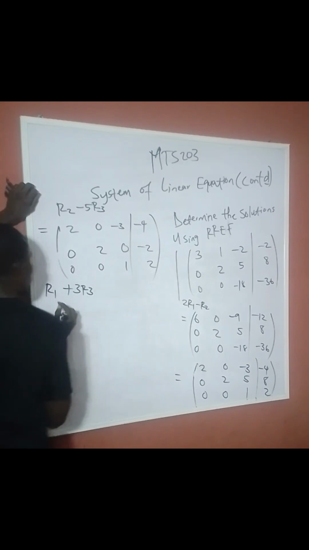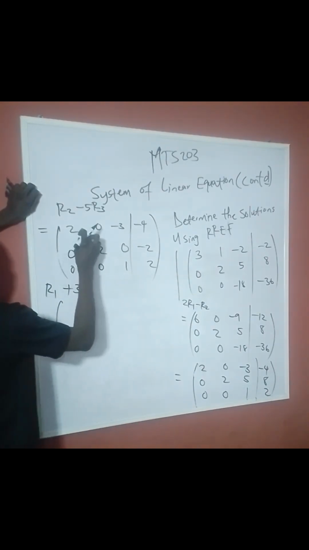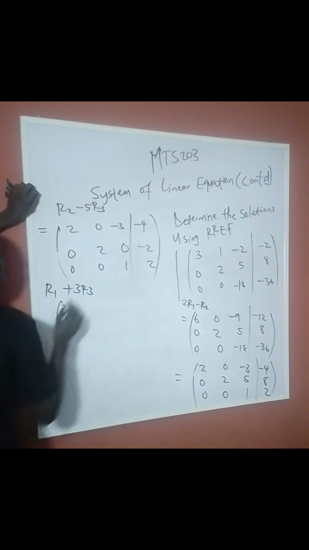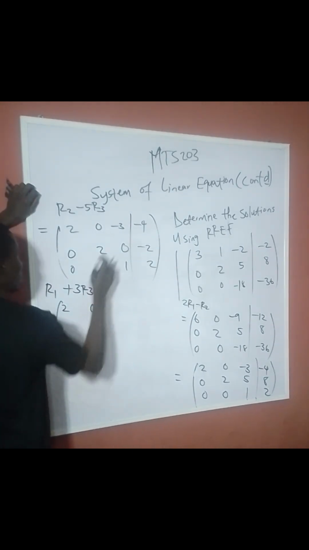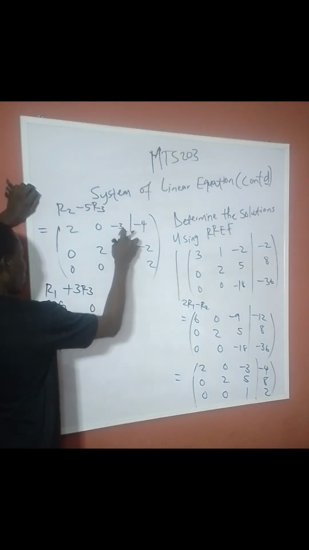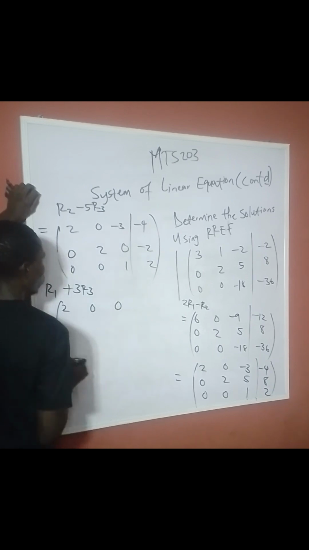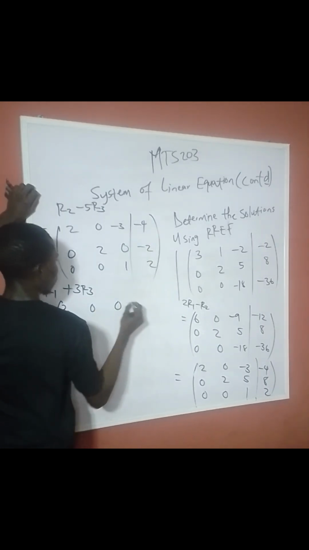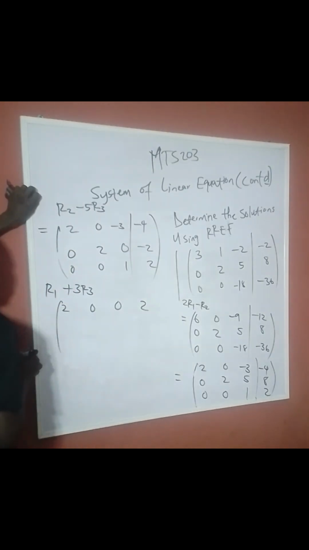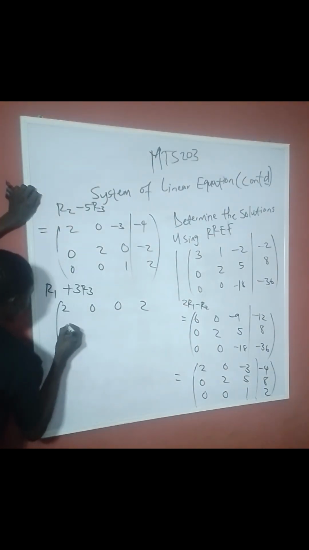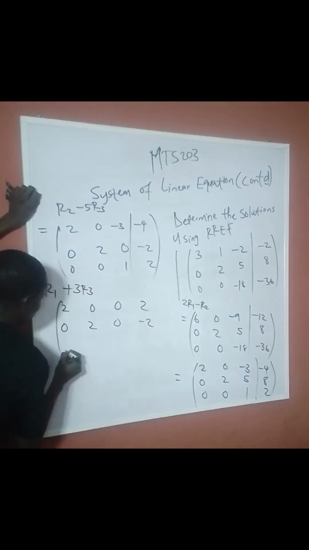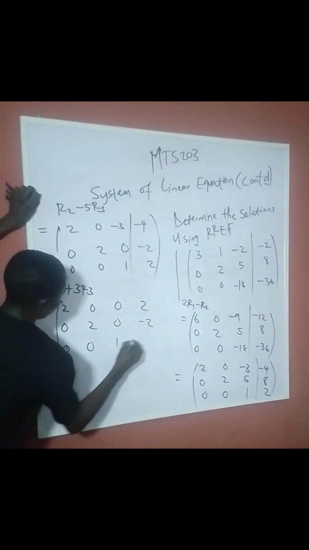So let me try that. Row 1: 2 plus 3 times 0 is 2, 0. Then minus 3 plus 3 is 0. Minus 4 plus 6 is 2. Then the next rows: 0, 2, 0, minus 2, and 0, 0, 1, 2.